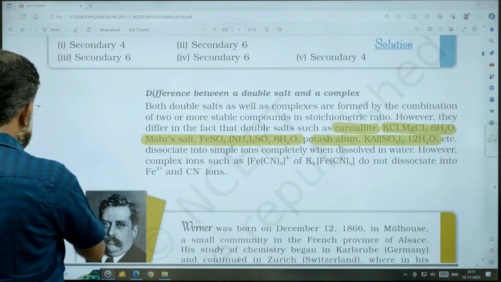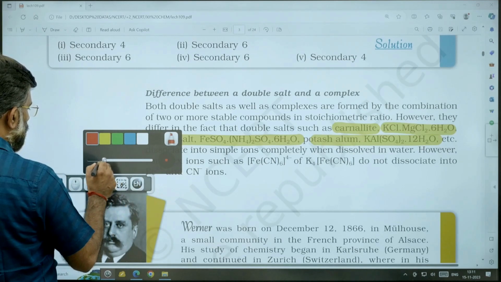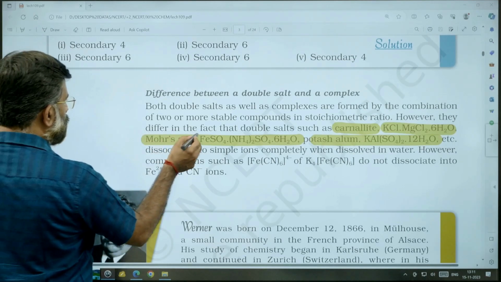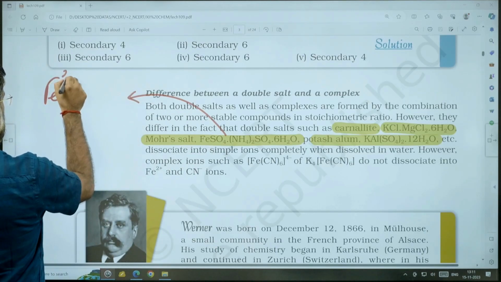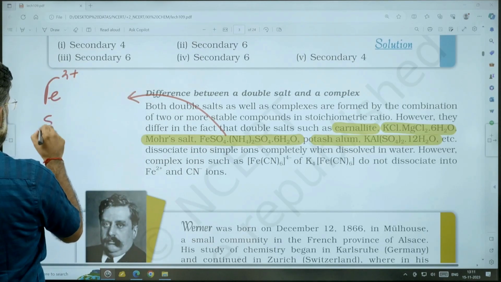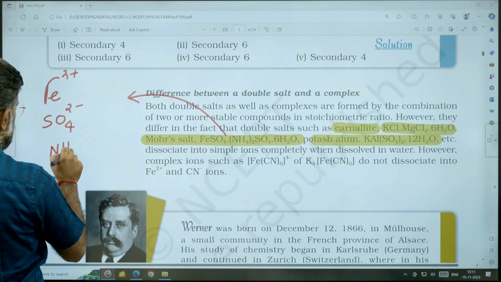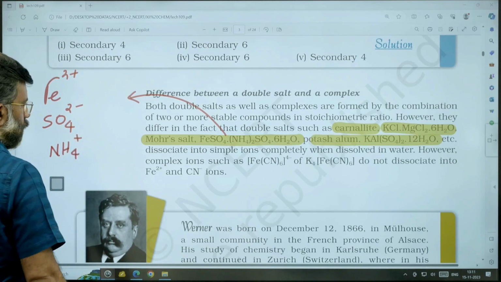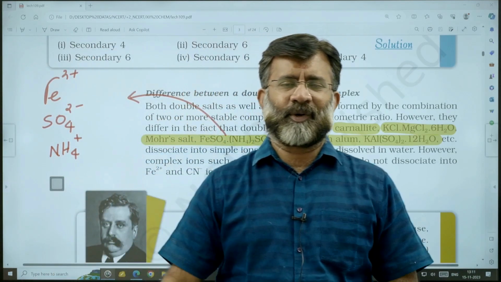When this Mohr salt dissolves in water, you will get Fe2+ ions in the solution. You will get SO4 2- ions in the solution. And you get ammonium ions in the solution. So you get 3 kinds of ions in the solution. That's it.